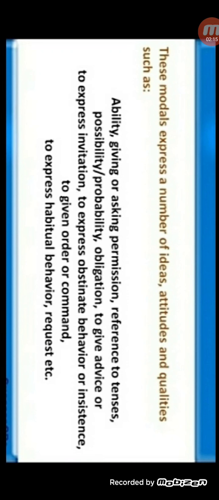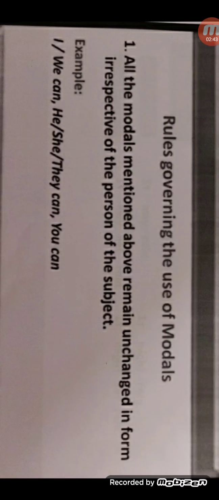Like ability, giving or asking permission, reference to tenses, possibility, probability, obligations, giving advice, expressing invitations, obstinate behavior, insistence, giving an order or command, expressing habitual activities or behavior that has taken place in the past. We have done this in the previous session. And request.